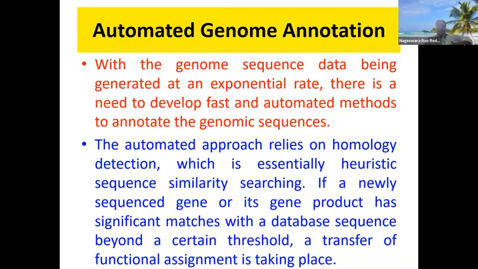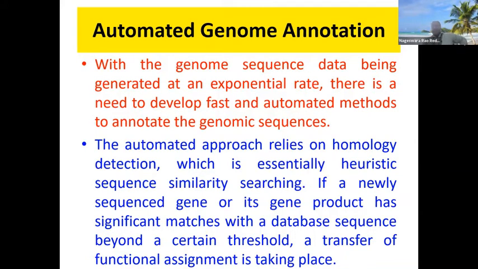Because there will be 33,000 genes in 3.2 billion base pairs, and at the same time there are 1,20,000 proteins, and we have to coordinate all these things. We can't go manually through each and every step. So this has led to automation of genome annotation.